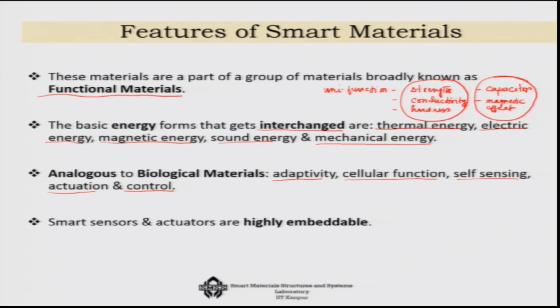All these properties I will unfold as we discuss smart materials, but very briefly, what adaptivity means is that as the environment changes, the material can change its behavior based on the environment. Like I will show you a particular material which changes its stiffness as the temperature changes, which is known as shape memory alloys.